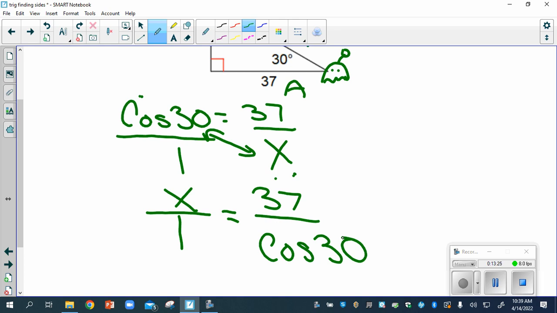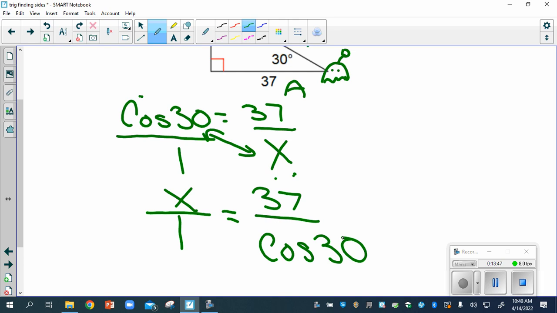Here's why. That's all on your calculator. Just grab your calculator and go 37 divided by cosine 30, and you're done. And you're done. There's not 18 steps. Whenever you have an x on the denominator, just put a 1 and flip-flop them diagonally.